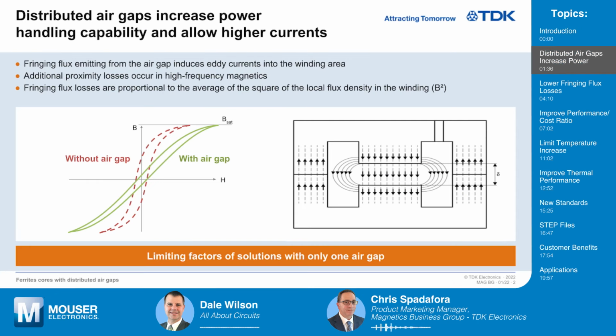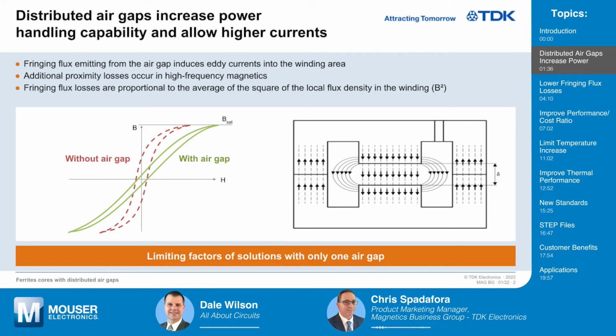Okay. So distributed gaps have been around for a while, and they really increase the power handling capability of a magnetic component. Why are they important? Well, they're important for many different reasons. In transformer and choke designs, the ferrite core typically has a pretty large gap in it, and that large gap controls a lot of the magnetic properties in the finished wound magnetic, but that gap does cause some problems, and it's a challenge for designers to address those problems.